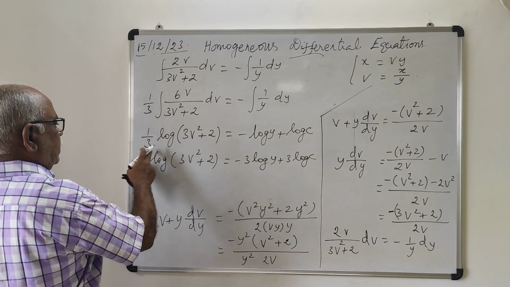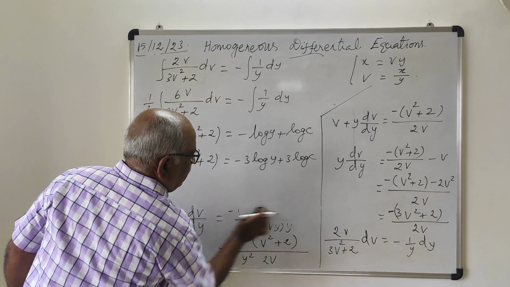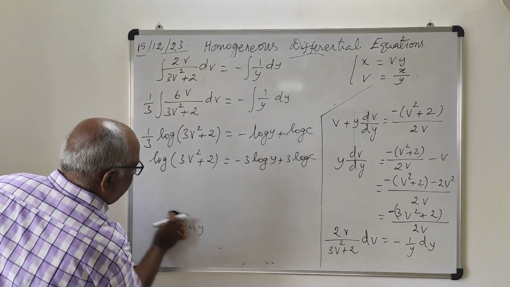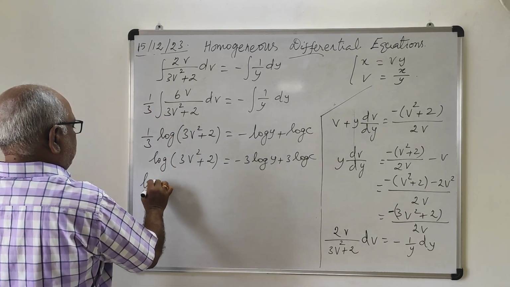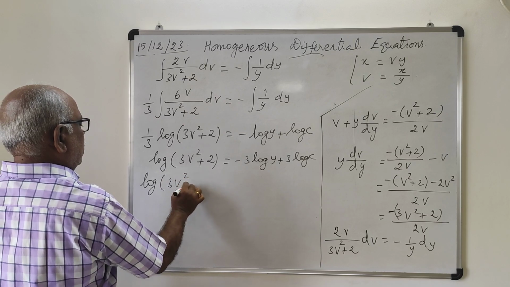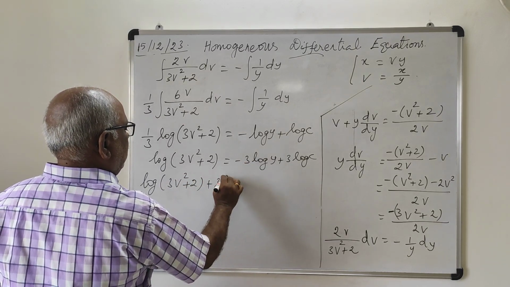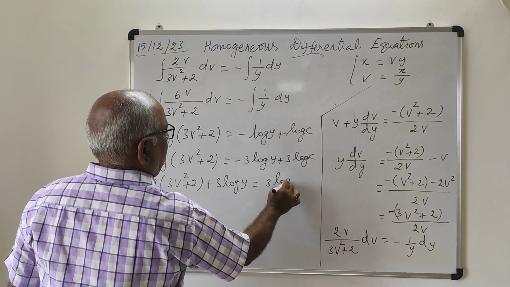Multiply throughout by 3, the 3s cancel and you get 3 log y plus 3 log c. Now minus 3 log y, you bring it to the left hand side. It becomes plus. So this is log of 3v square plus 2 plus 3 log y equal to 3 log c.